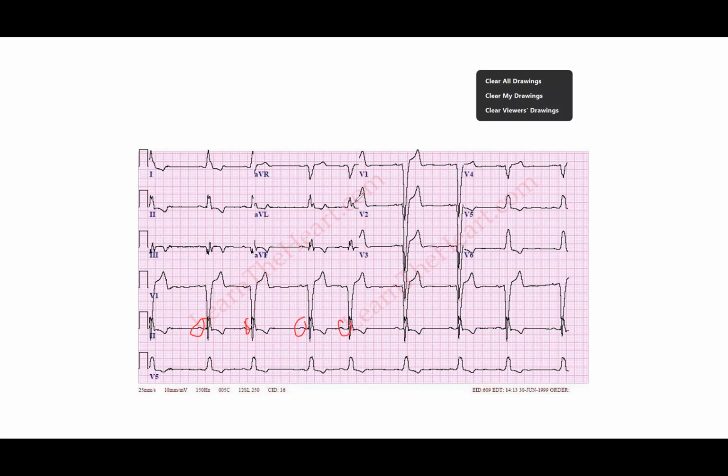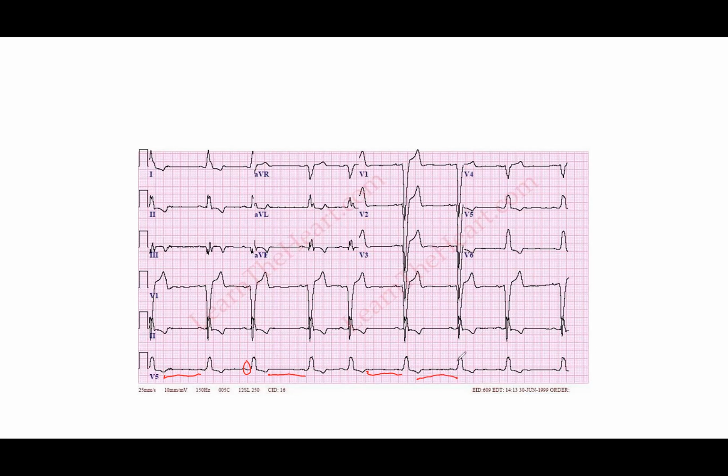So let's look at the timing pattern of this whole thing, right? It looks like this one happened a little bit too soon because this is your T to P segment, T to P segment, T to P segment. See how long these T to P segments are?